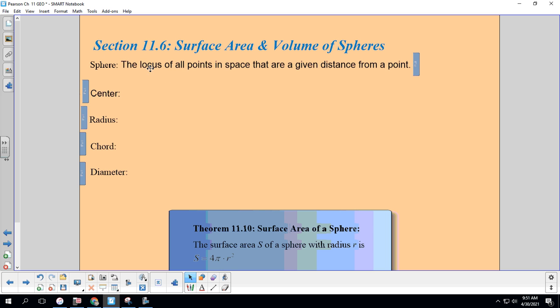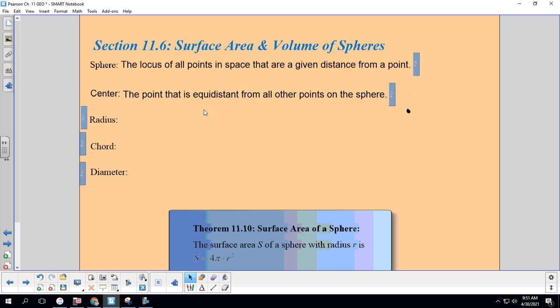A sphere is the locus of all points in space that are a given distance from a point. So think about one central point, and then whether you're forward, backwards, front, behind, diagonal, you're creating a sphere around it, which is all the same distance from this one central point, which brings us to the center.